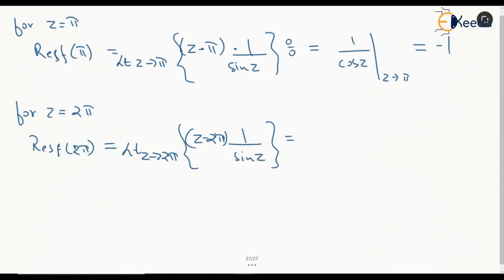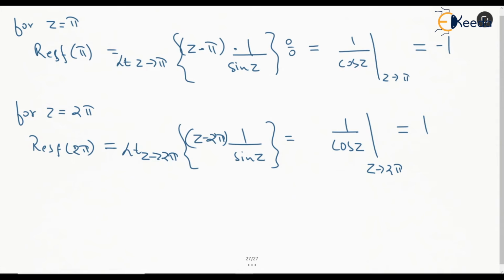Again, we can apply L'Hospital's rule, and we can say that this is going to be 1 by cos z for z tends to 2 pi. So cos of 2 pi is 1, so this becomes 1.